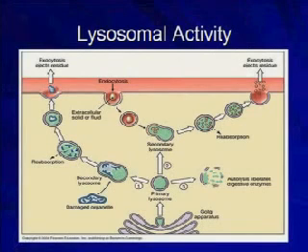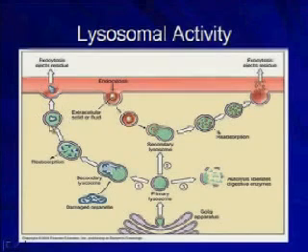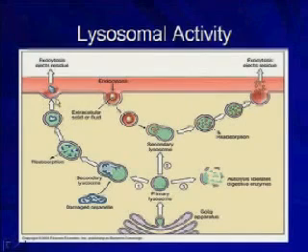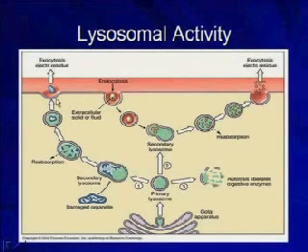And then following this processing, the residue will be ejected from the cell by exocytosis. Now again, remember, the membrane of this membranous organelle is phospholipid, and will fuse with the phospholipid bilayer of the cell membrane, and in the process of exocytosis will be ejected from the cell.